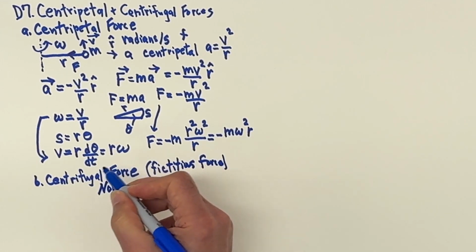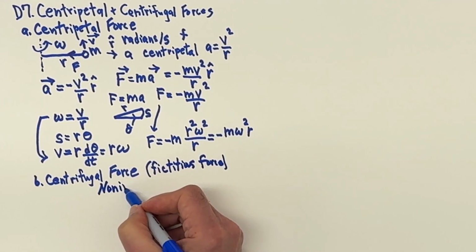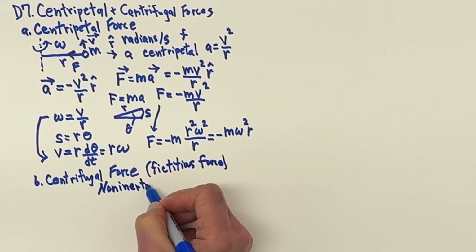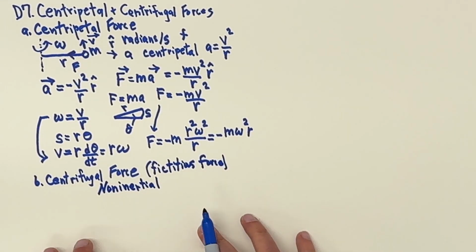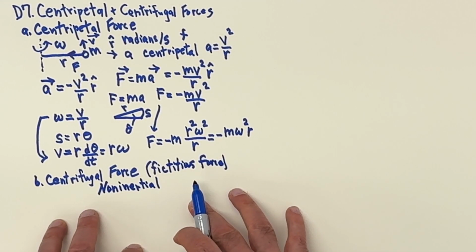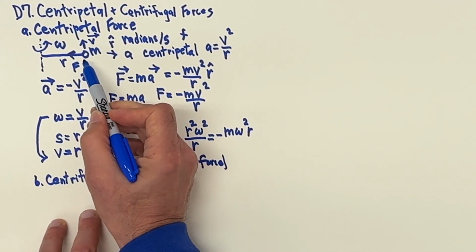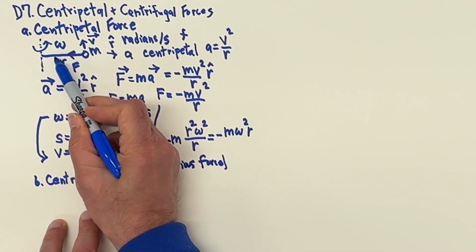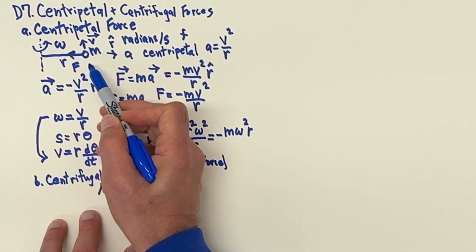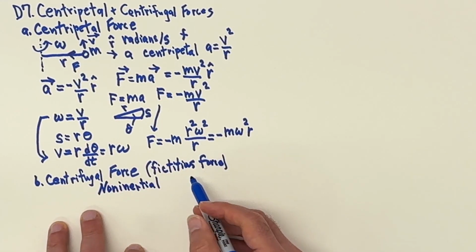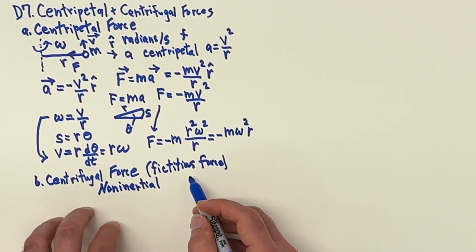When you have acceleration, we call that a non-inertial frame. And physicists prefer to work problems out in an inertial frame, in which you see the force pulling toward the center, and you see the mass, and you have these nice formulas. And there is no fictitious force.